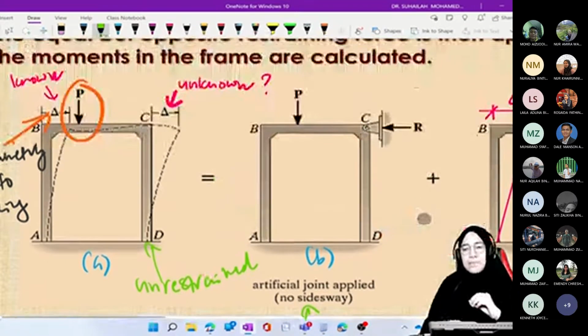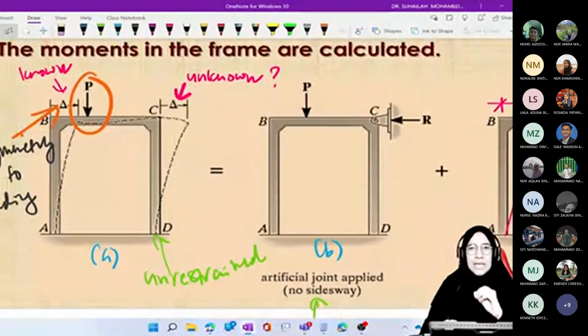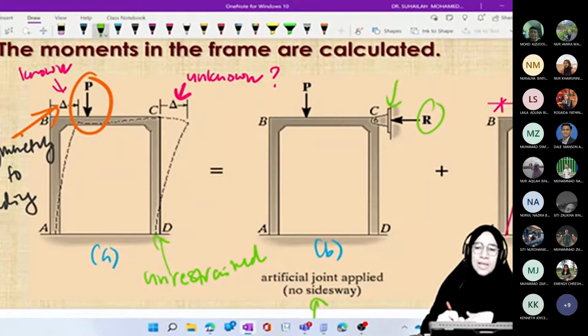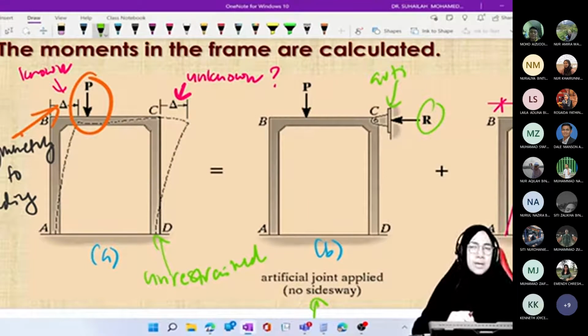Properly restrained means there is a horizontal force called the restraining force, which comes with a support. So this is an artificial support. This is not the real one.